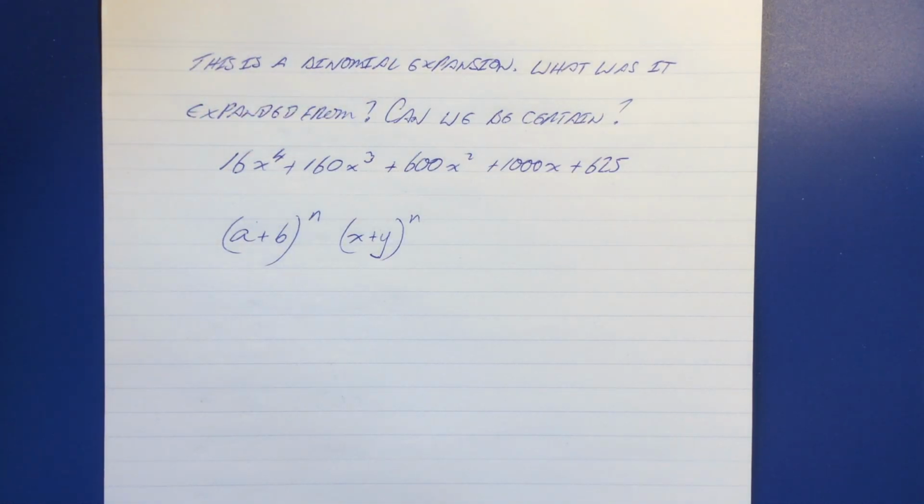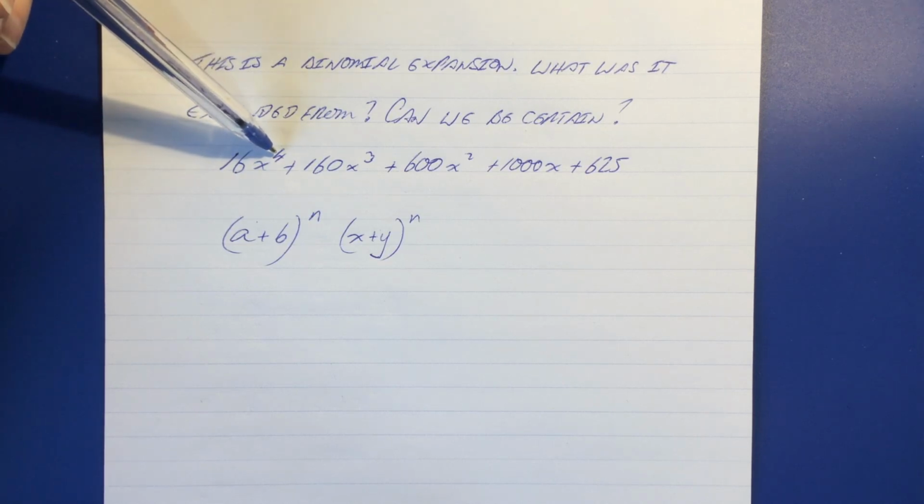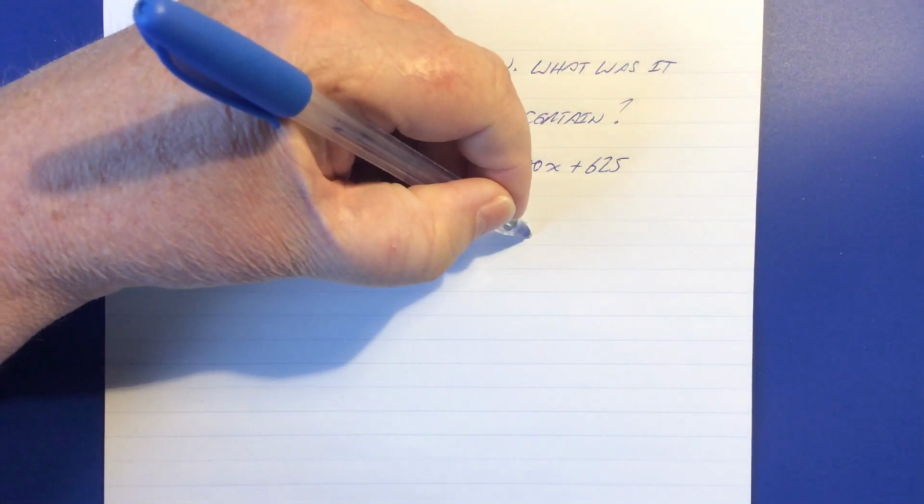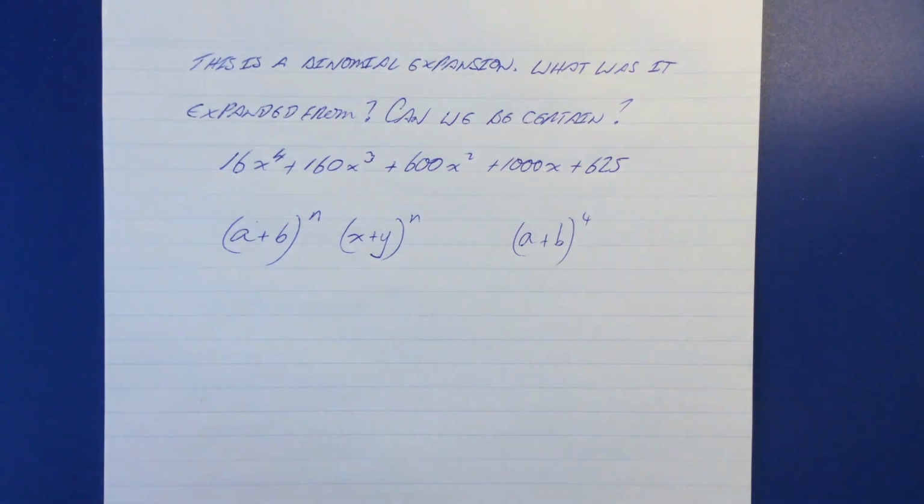Now, how would I approach this? Well, knowing it's a binomial expansion, I've got some clues. Our highest power is 4. So what we had was (a + b) to the power of 4.